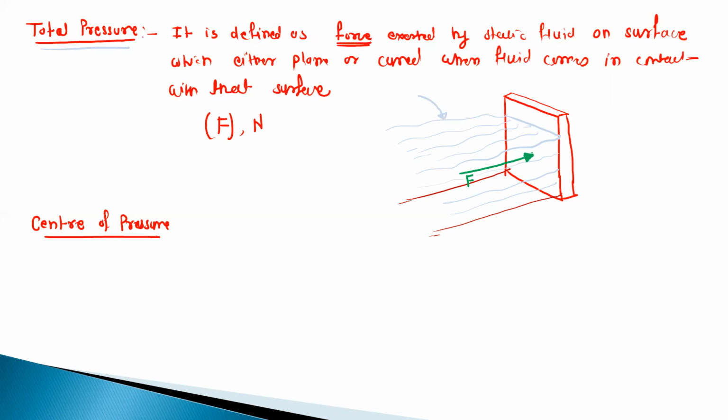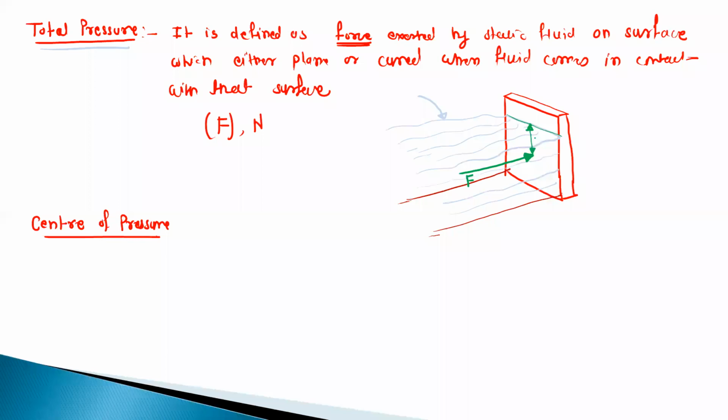And this total pressure will have some distance with respect to the free surface. So this line is nothing but the free surface of that water. Okay. So from this point, if you measure the vertical distance of this force, then this is called the center of pressure.